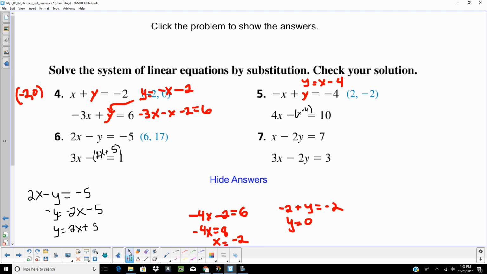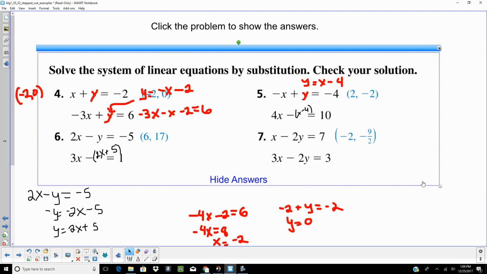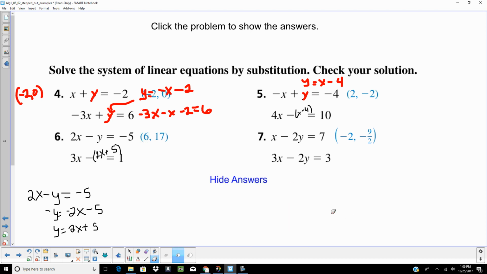And on the last one, you should have gotten -2, 9/2. And if I look at what variable, I would have solved for that x in the first equation because that's the only one that has a coefficient of 1. So we started off with x minus 2y equals 7. Add 2y to both sides.